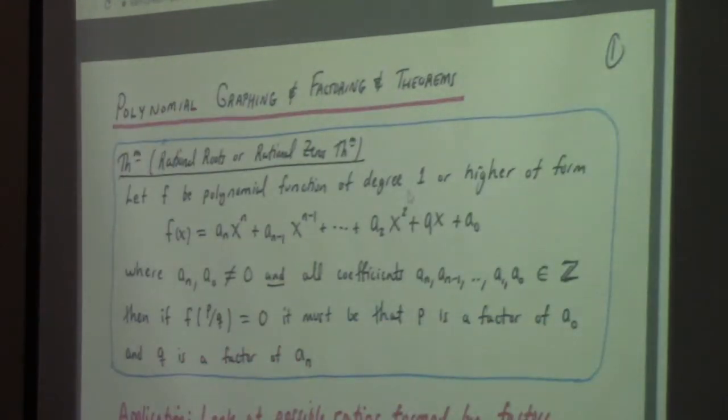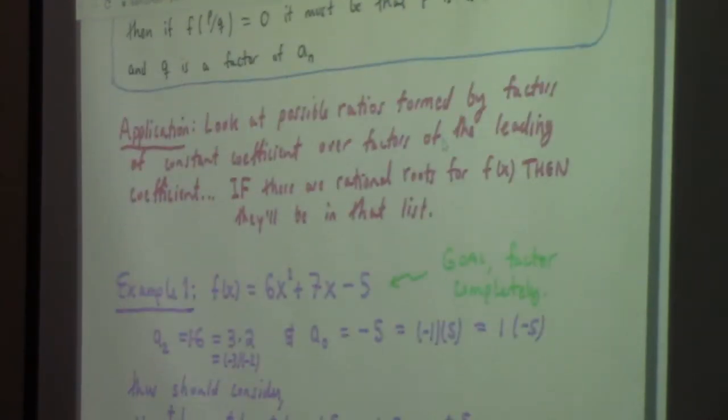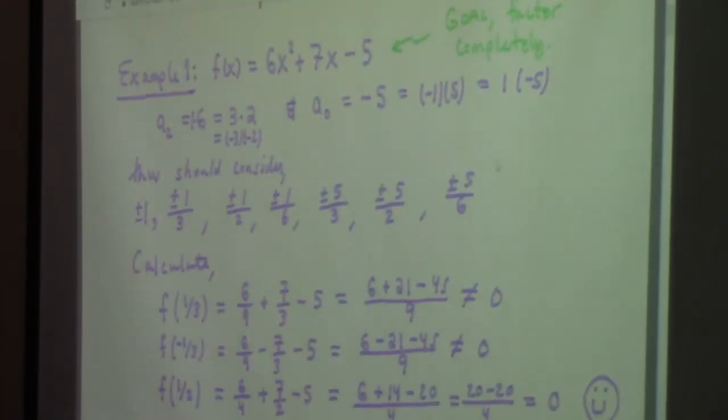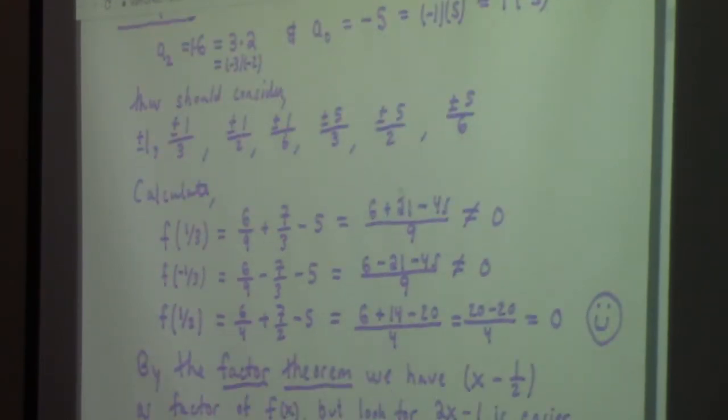All right, so again, I'm going to post this for you guys, so don't feel the need to write down everything here because you won't be able to. So this is the example we just went through, all right? And again, I'm missing plus or minus 5 in this list. So I tried plugging in a third and a minus a third.